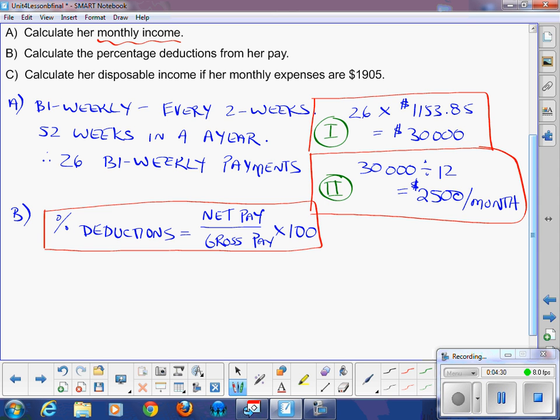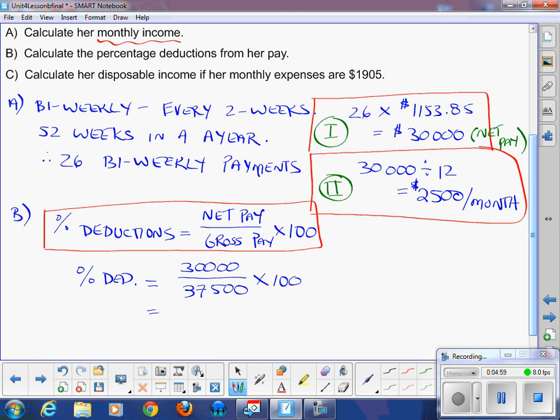Now I know her net pay is the 30,000. We've calculated it over here. That's how much she makes each year. So it's the 30,000 divided by her gross pay, which was 37,500 from the original question, multiplied by 100.